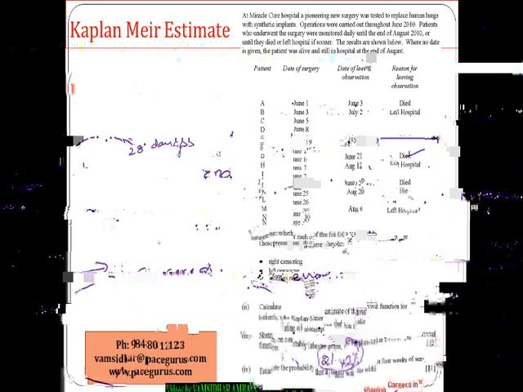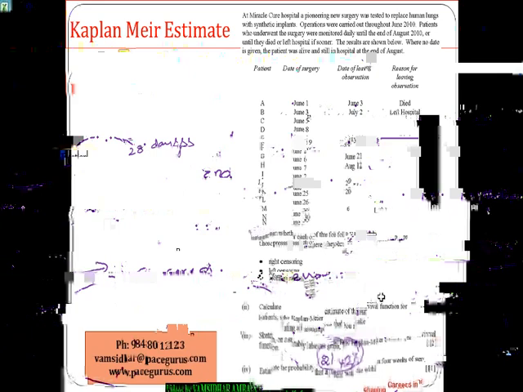We'll take the duration since operation and the survival function S of t. Here it is saying 0 less than or equal to t less than 1, between 0 and 1 year. So between 0 and 1 the survival function was 1, meaning no one died between 0 and 1.